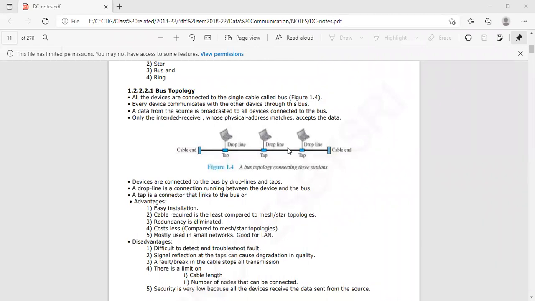Fine. So in bus topology all the things are good, but a constraint is that it works in a small place. Also, one more disadvantage: if the bus gets a fault. Bus means this particular main line. If the bus line gets faulty, then what will happen? The total system, the total connection, will be shut down.